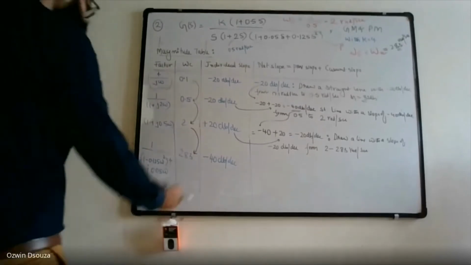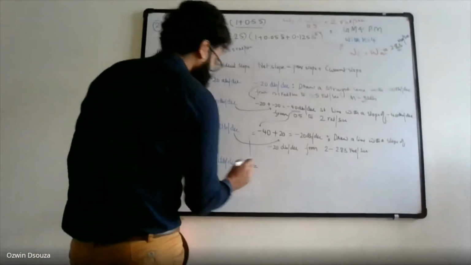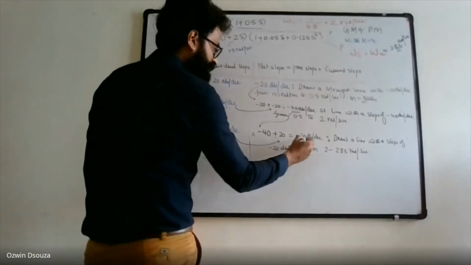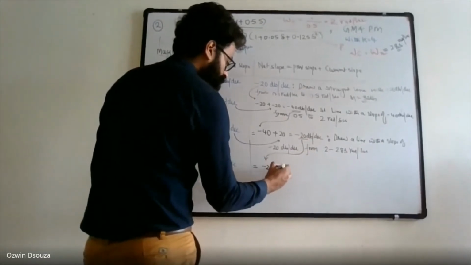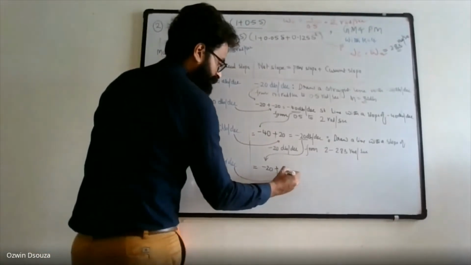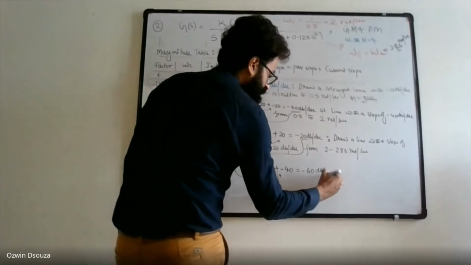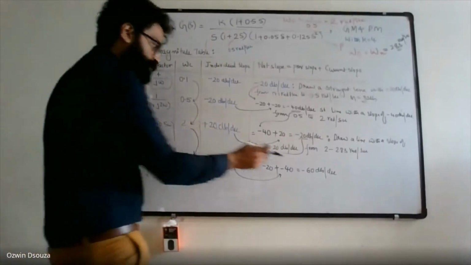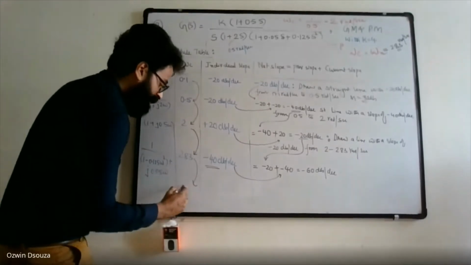Done. And finally, we have the last factor. So the next slope we need to calculate. Previous slope is minus 20 plus the current slope, which is minus 40. So the next slope becomes minus 60 decibel per decade. So you draw a straight line with a slope of minus 60 decibel per decade from 2.83 to, where is the terminating point?